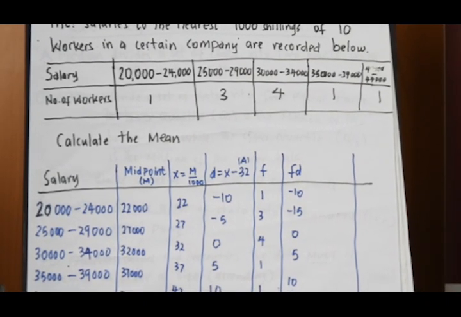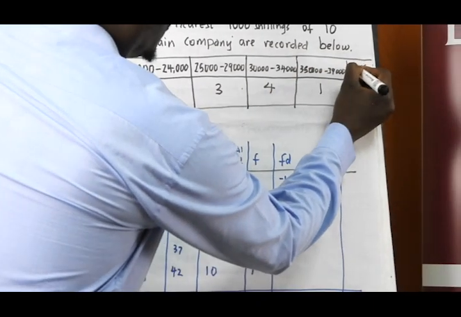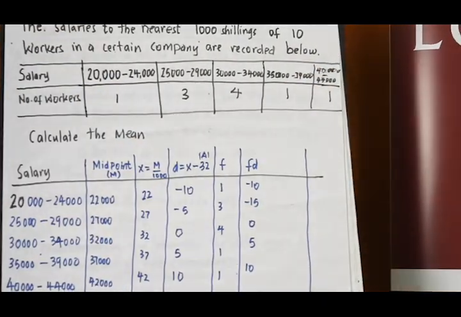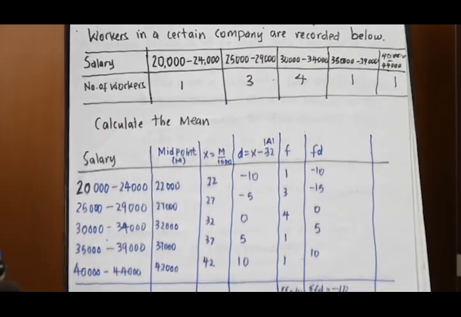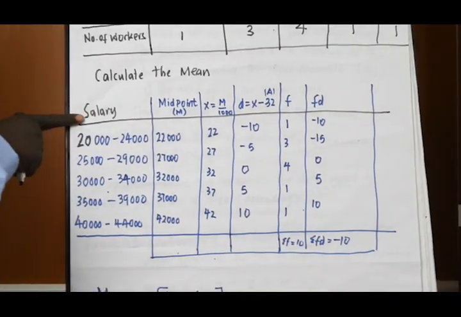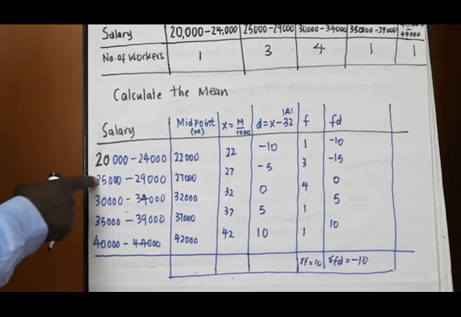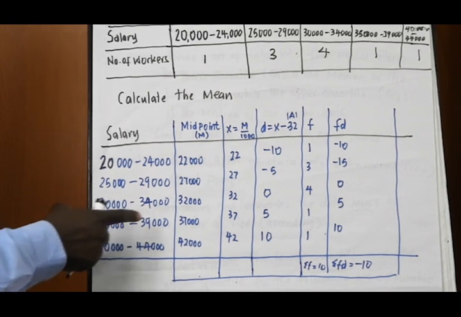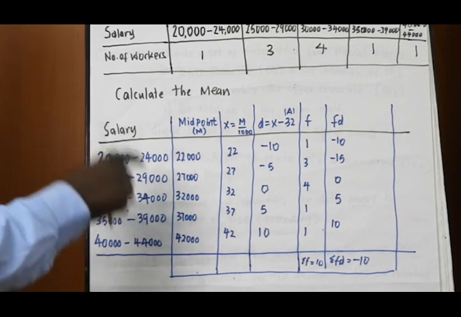Between 35,000 to 39,000, we have 1 worker. And then between 40,000 to 44,000, we have 1 worker. These are large numbers. So if we write the salary as 20,000 to 24,000 as our first column, 25,000 to 29,000, 30,000 to 34,000, 35,000 to 39,000, 40,000 to 44,000.